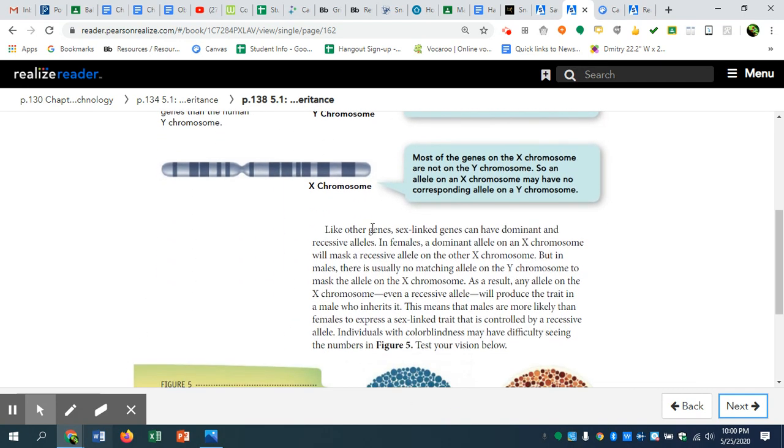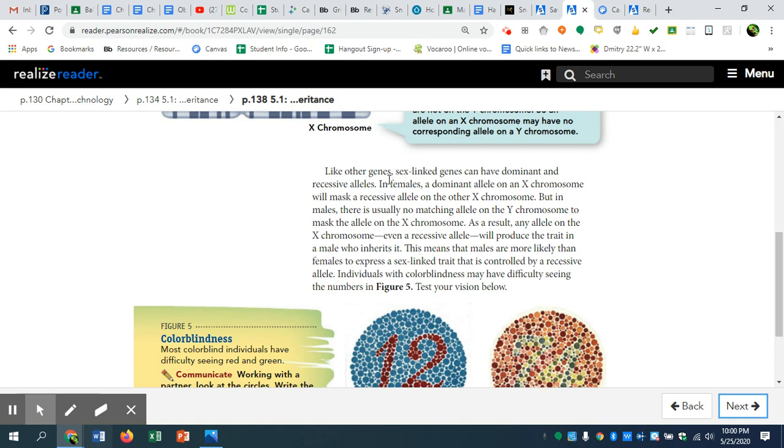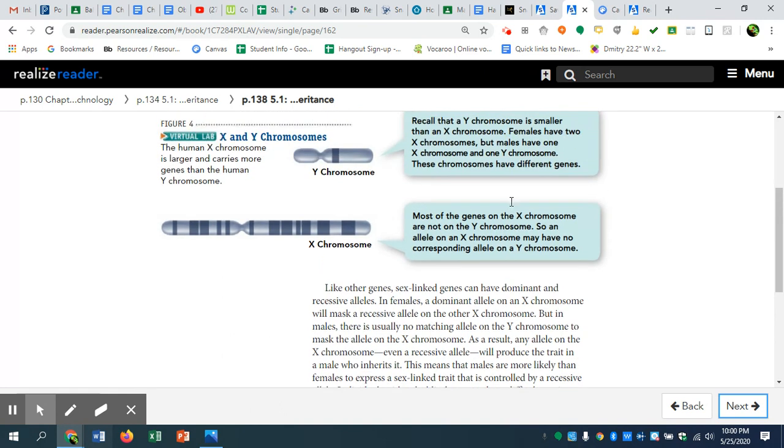Now, like other genes, sex-linked genes can have dominant and recessive alleles. So in females, a dominant allele on the X chromosome will mask a recessive allele on the other X chromosome. But a male only has one X chromosome.